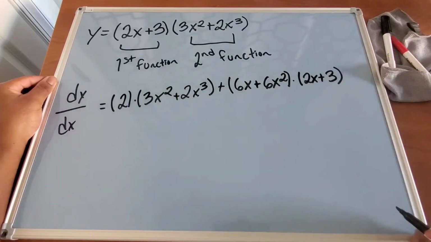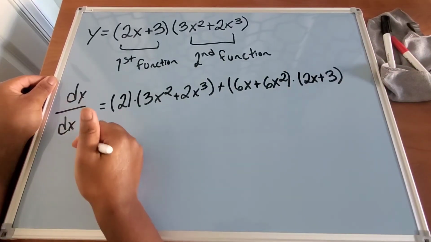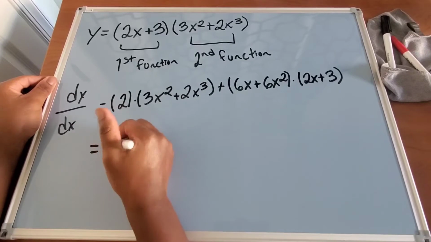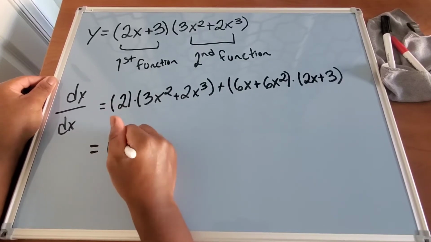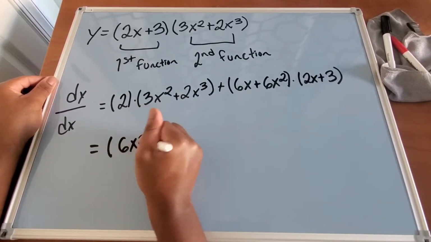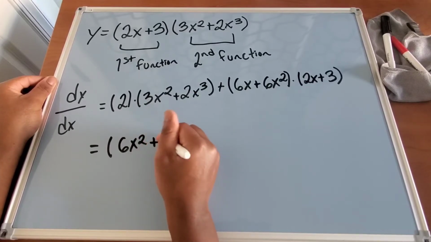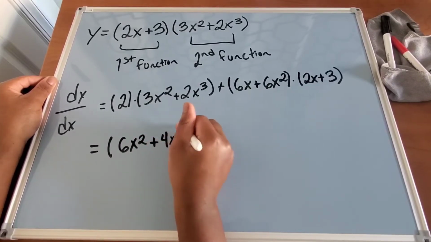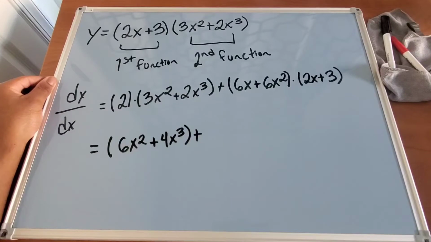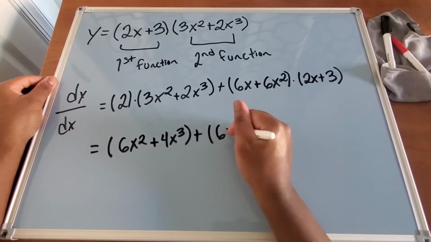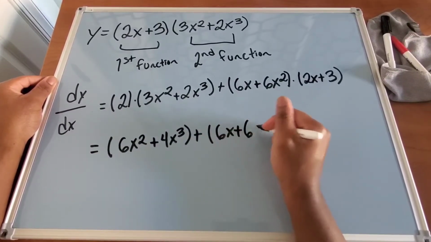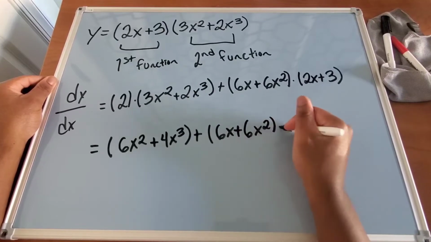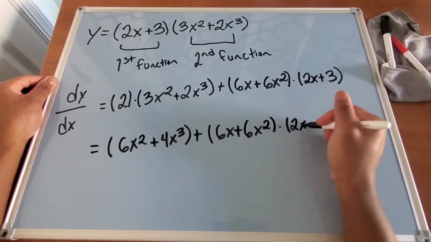Then I'll distribute out the 2 and I'll just leave it like that. There's really not much need to simplify past that. So we'd have 6x squared plus 4x cubed plus 6x plus 6x squared times 2x plus 3.